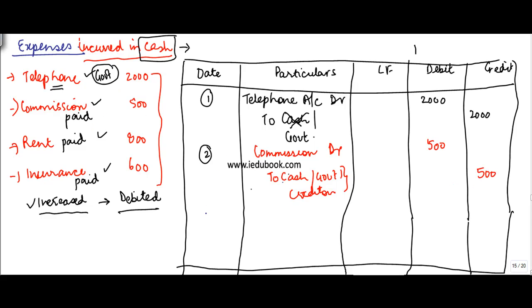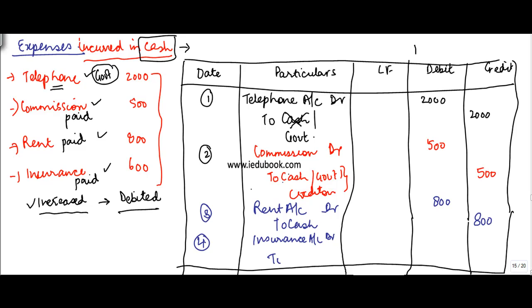Rent. Rent is an expense, incurred, increased, debited. If paid in cash, let's say to cash, 800. 4. Insurance. Again, insurance is an expense, so you debit it to cash, 600.